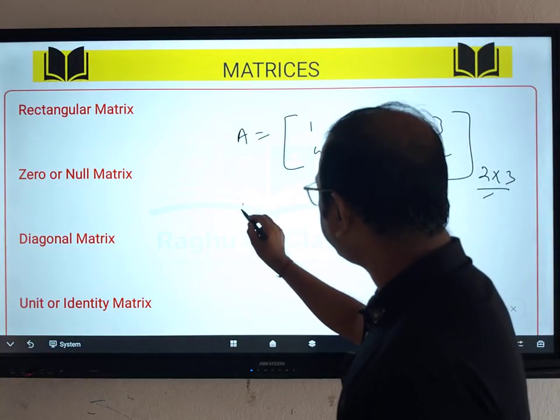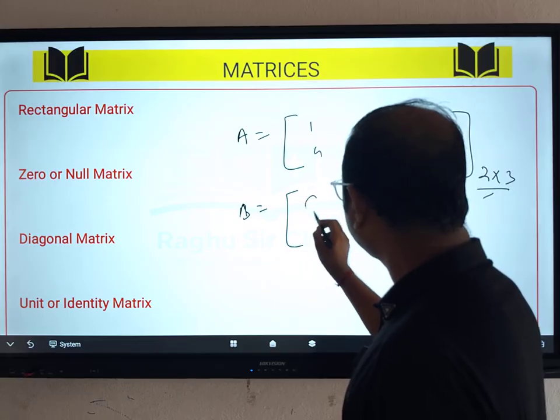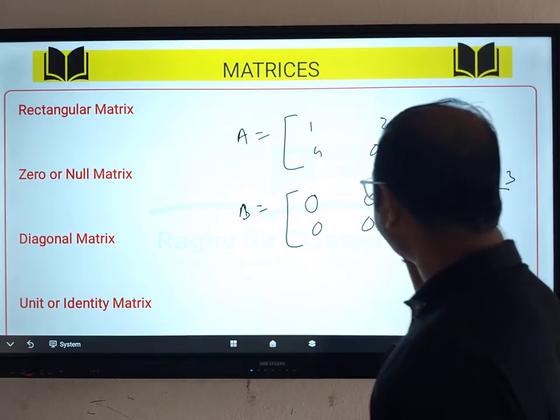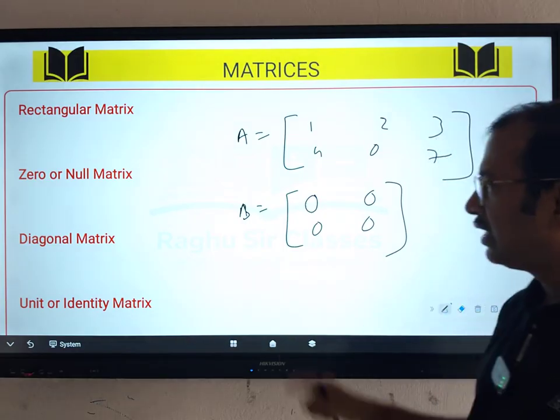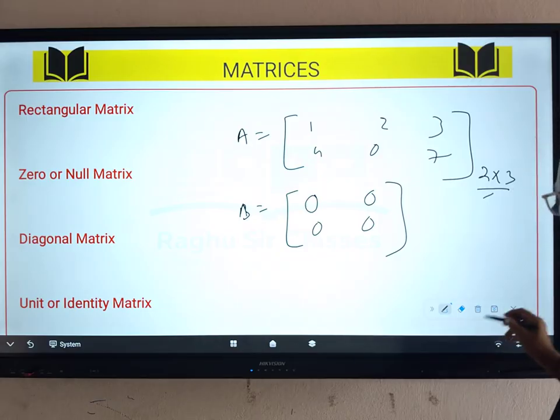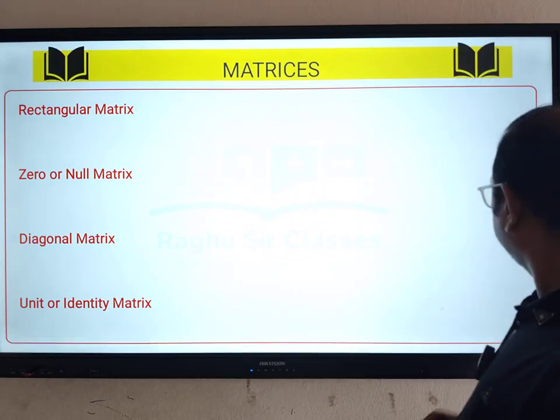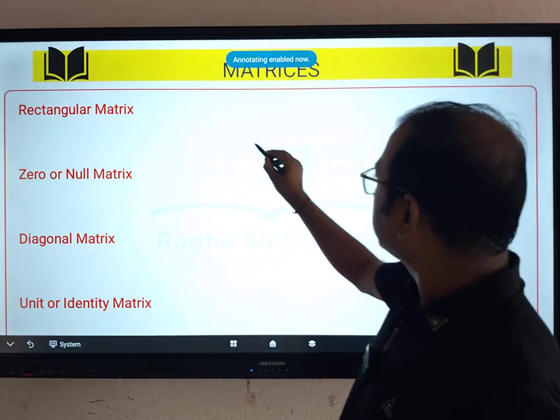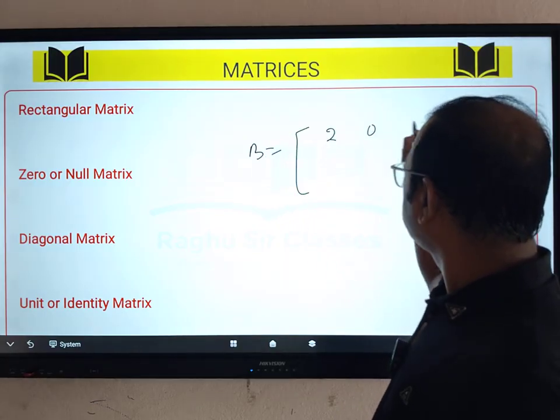Next is the null matrix or zero matrix. Suppose B is a matrix, a null matrix, all the entries are zeros, all the elements are 0 0 0 0. So it is called what? Null matrix. Sir, what is a diagonal matrix? See, diagonal matrix, listen. Suppose, just giving an example, B is a matrix 2 0 0.